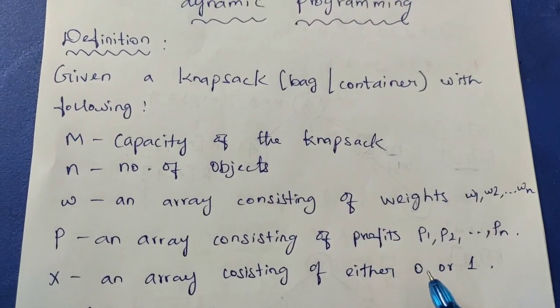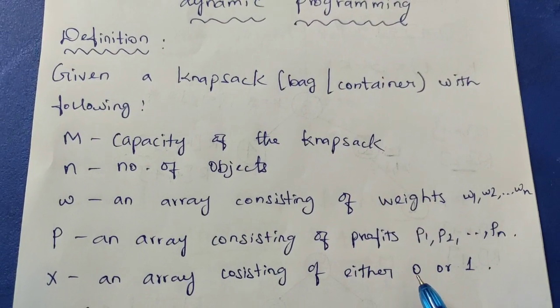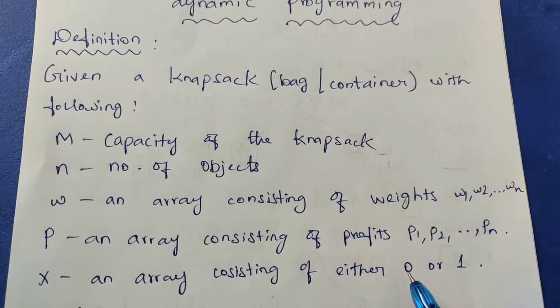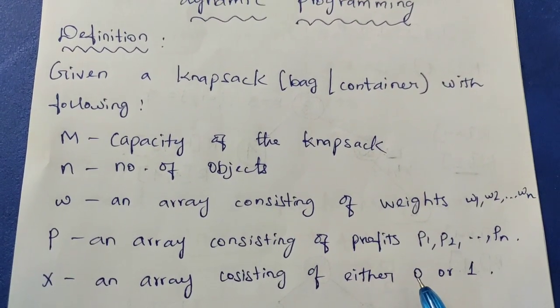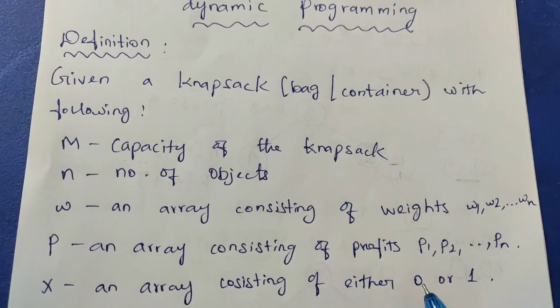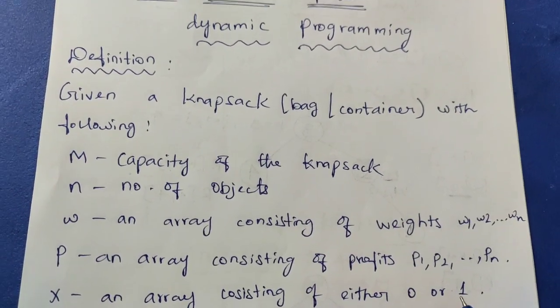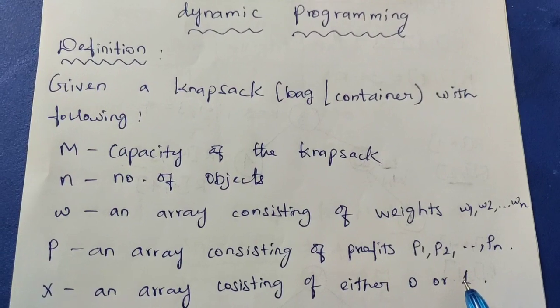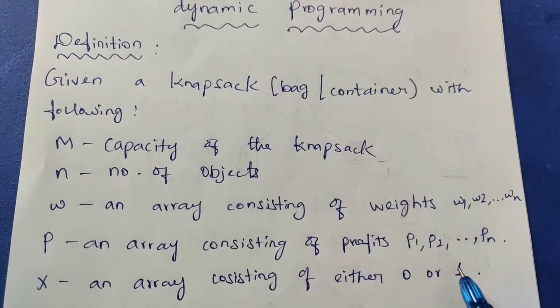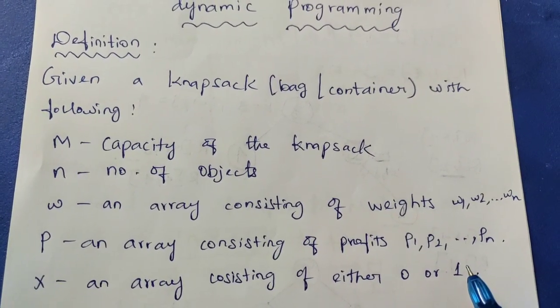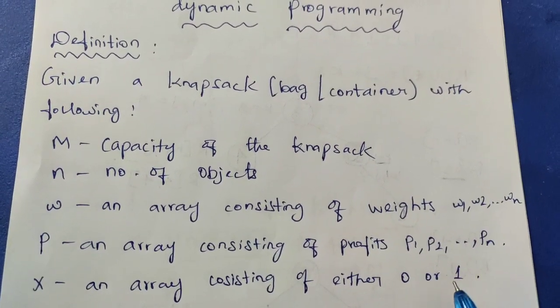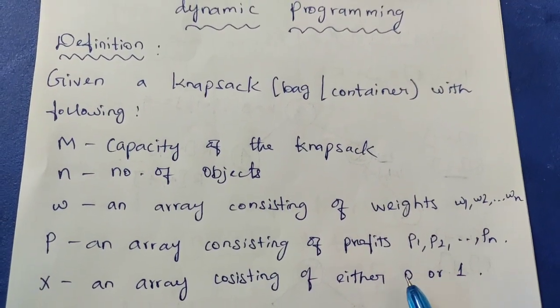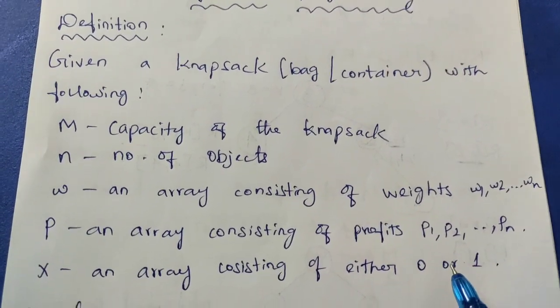I repeat, the value of X 0 indicates the object has not been selected and it is not included into the knapsack, and 1 indicates the object has been selected and it has been included into the knapsack completely. That is the meaning of the value 0 and 1.